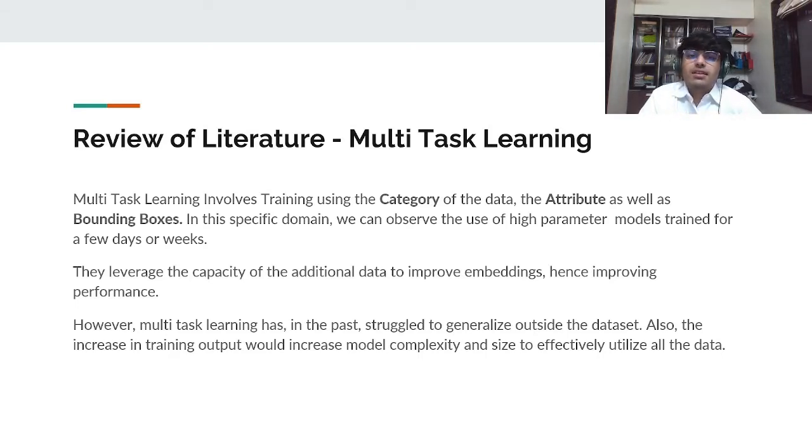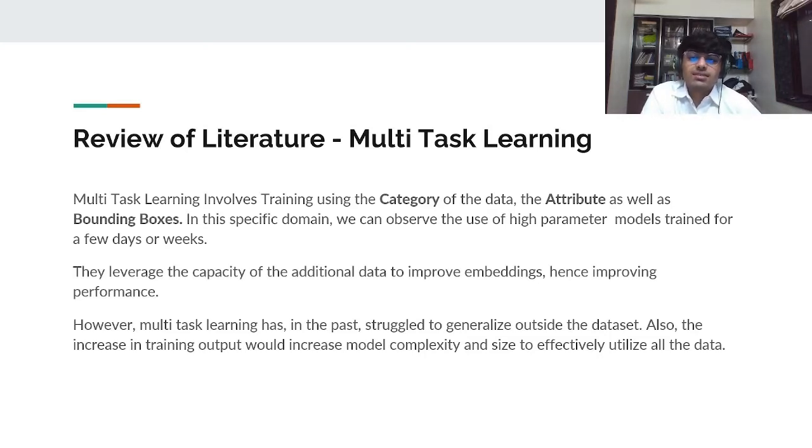So, in this specific domain of multitask learning and high parameter models, we've seen that the models are trained for at least a few days or even weeks in some cases. They leverage the additional data to improve the embedding quality and hence they improve the performance.